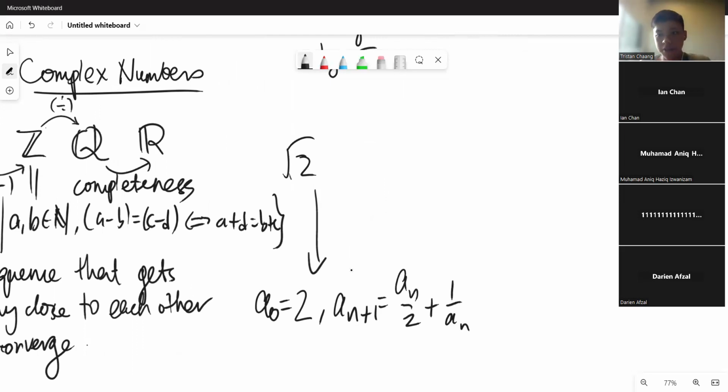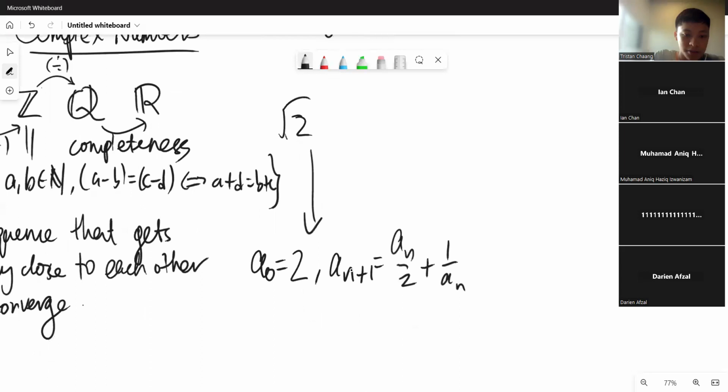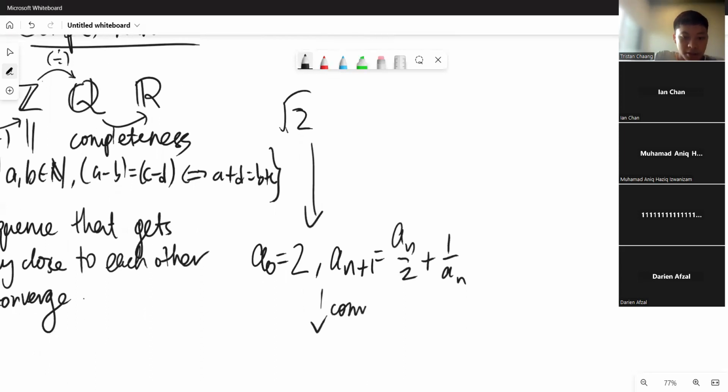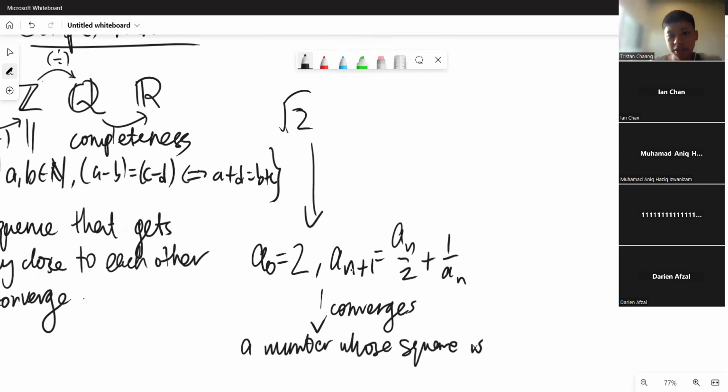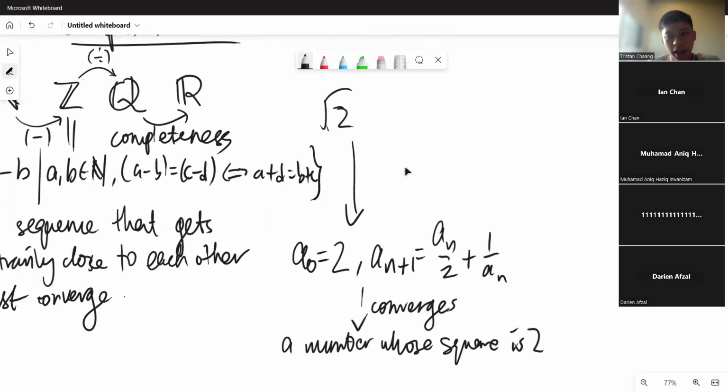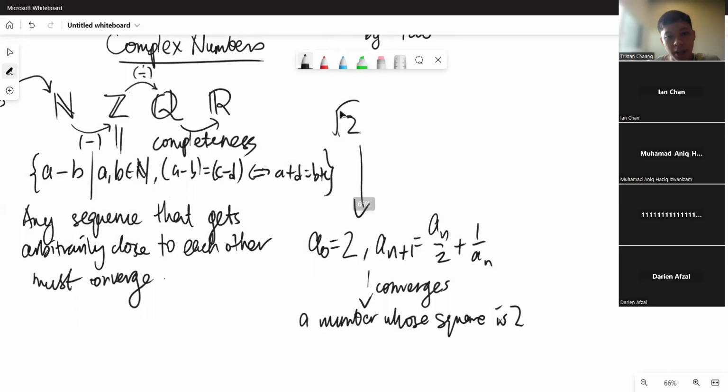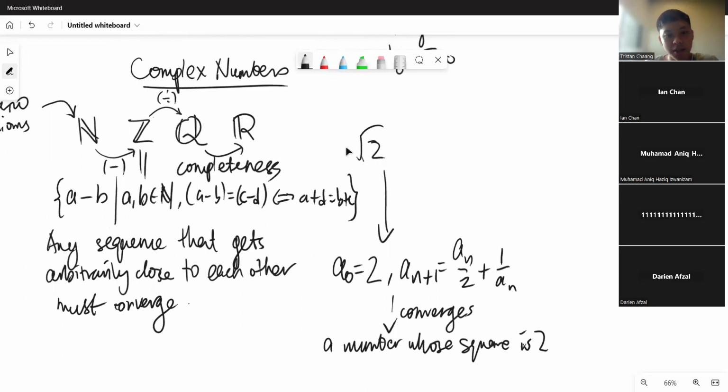This sequence converges to a number whose square is 2, and that is not in Q. If we force every such sequence to converge, then that's what we call completeness. So R is actually the completed version of Q.